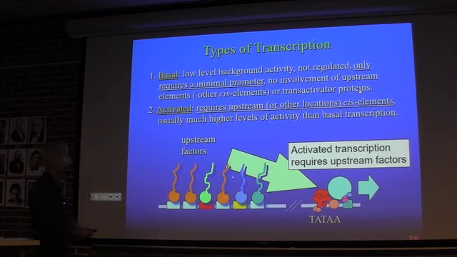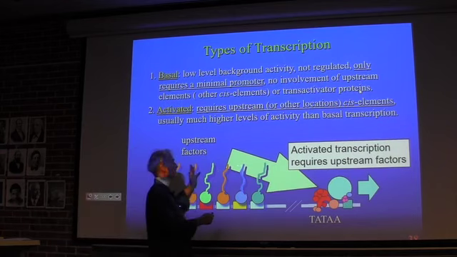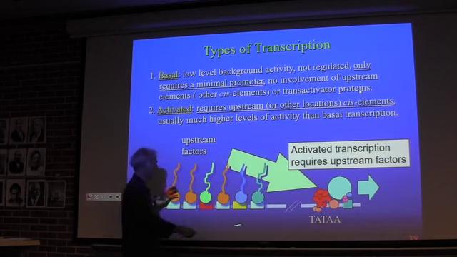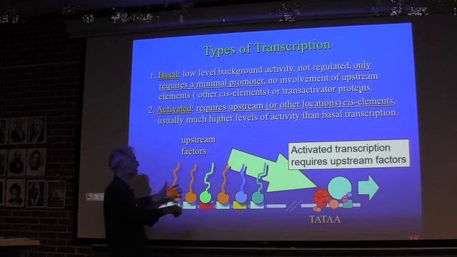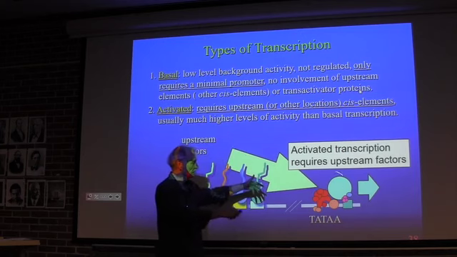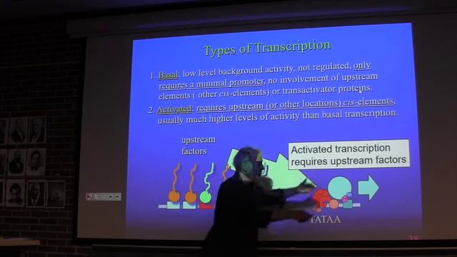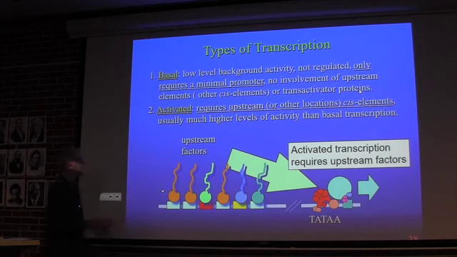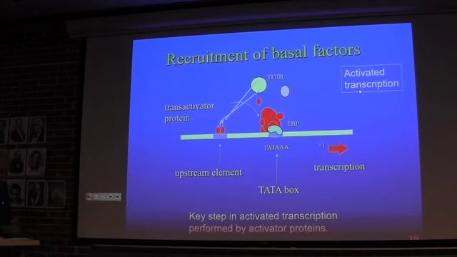Activated transcription involves the participation of these distal promoter components, whether they are distal upstream or distal from the core in a downstream configuration. If they are participating in the activity you see, it is called activated transcription.